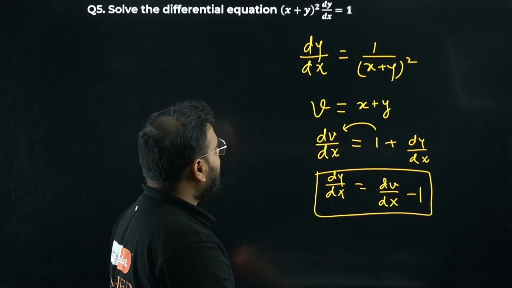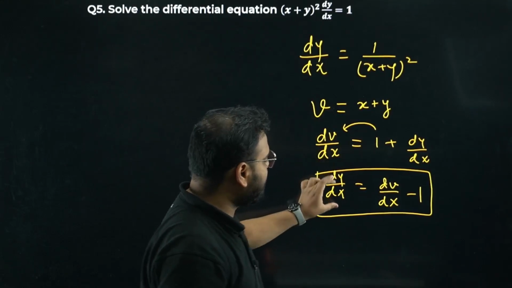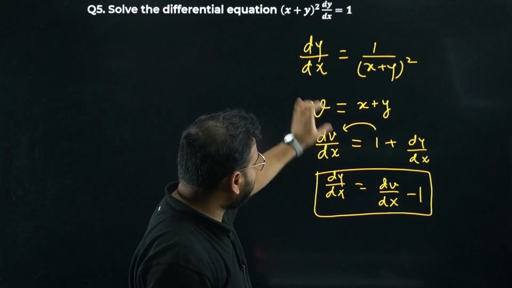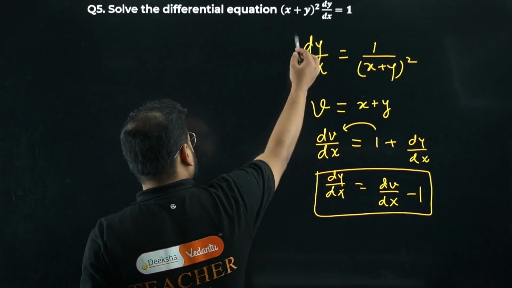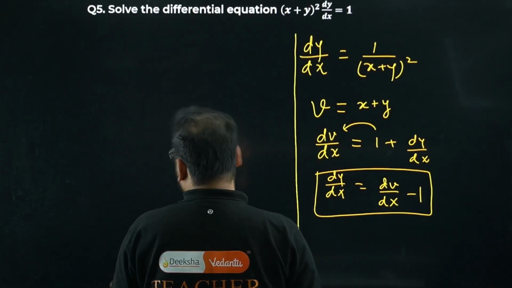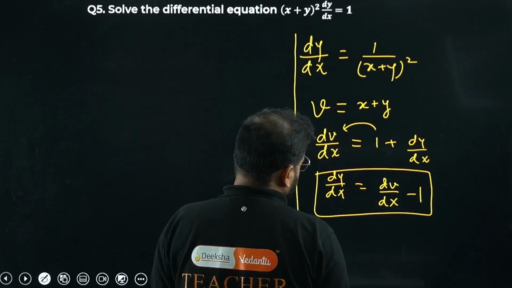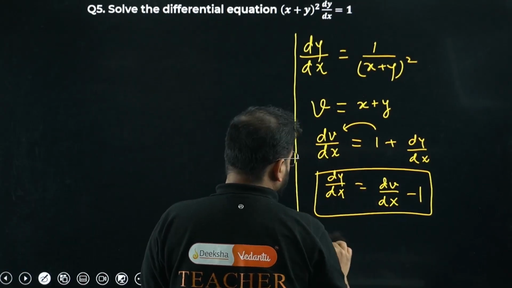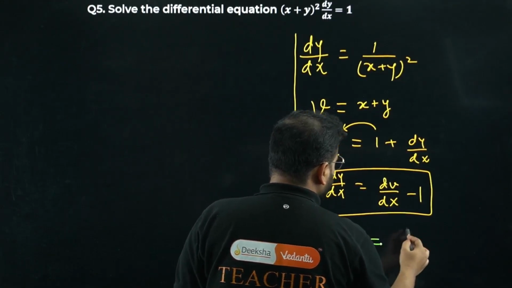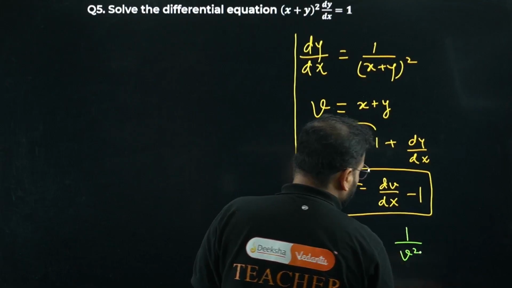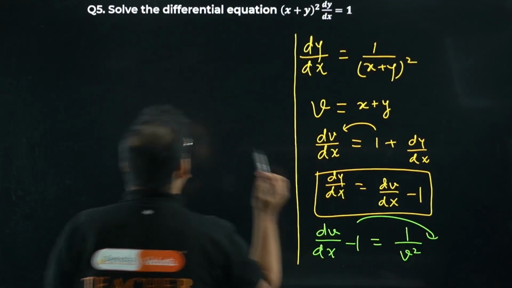Now let's make the substitutions for v and dy by dx in the given differential equation. So dv by dx minus 1 equals 1 upon v square. Bring this 1 to this side, it will become positive.